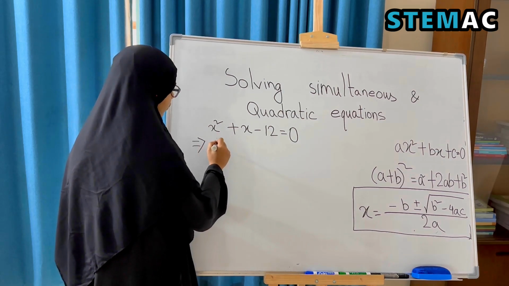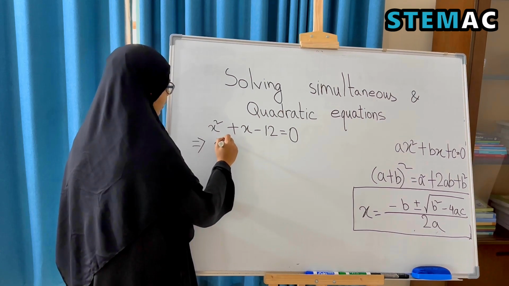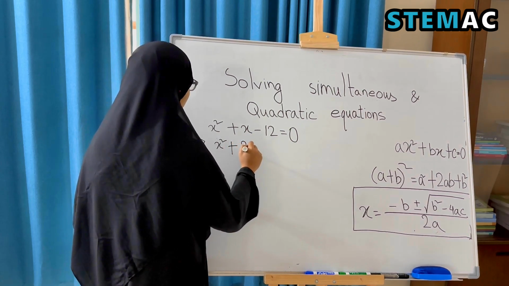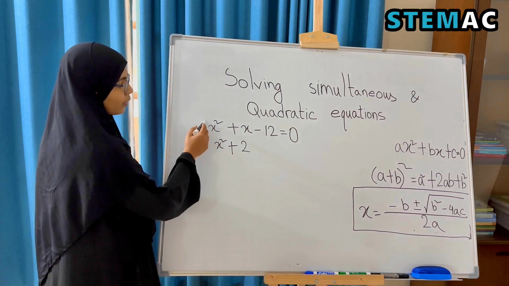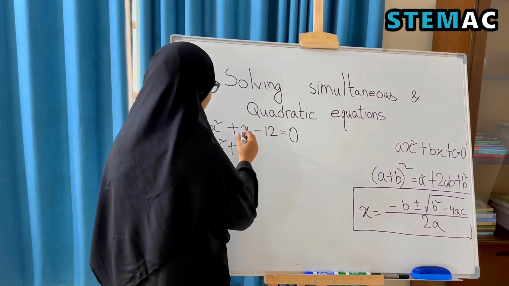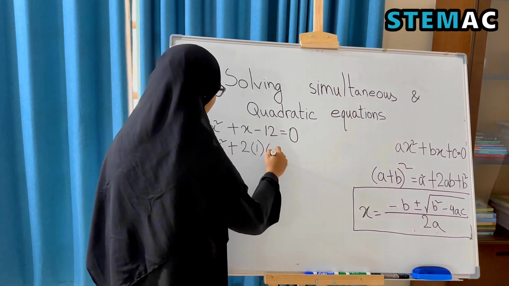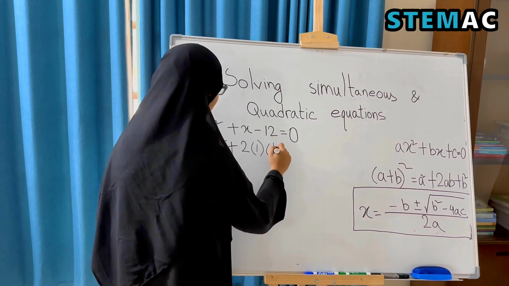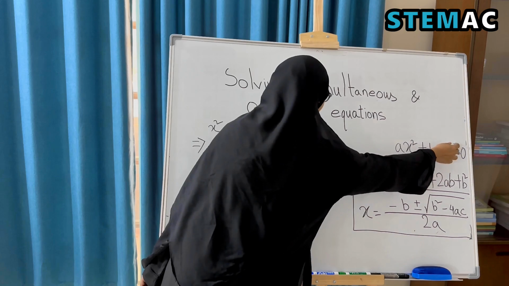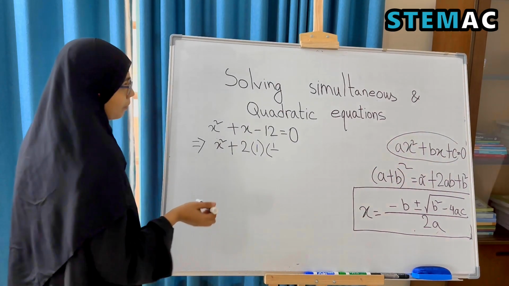So for that we can write x square plus 2 into, we have a here as 1, a is 1 in here, b. Let's not confuse this a b with the generalized form.